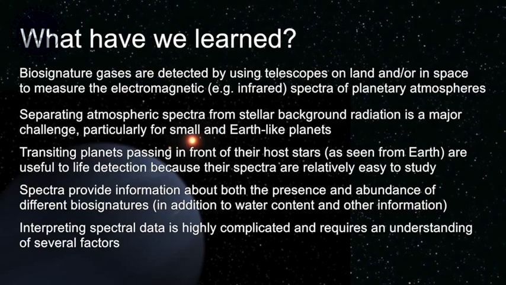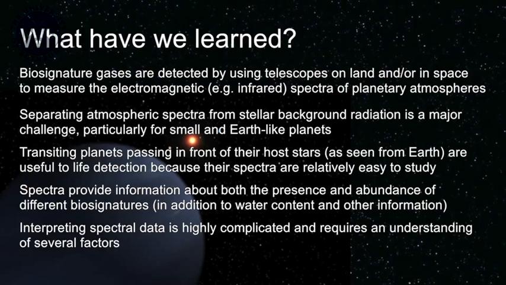And we've learned that spectra provide information about both the presence and abundance of different biosignature gases, in addition to the possible water content of the planetary atmosphere and other information about its general atmospheric composition.